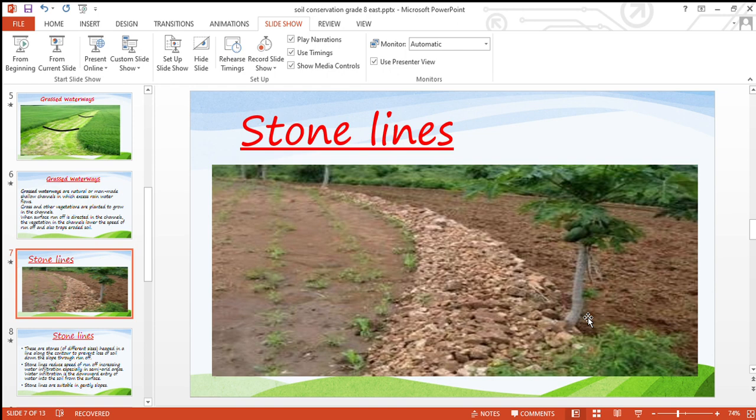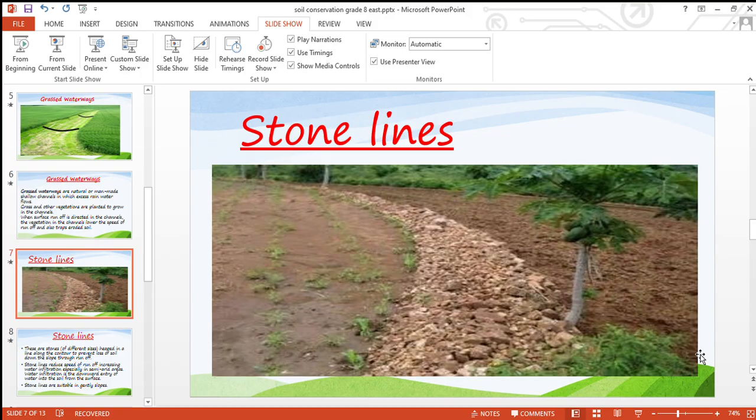Your name is Charlotte. Yes, Charlotte. To conserve soil erosion. To conserve soil. That is according to Charlotte. That is good. Another reason why the farmer decided to use a stone line instead of trash line?